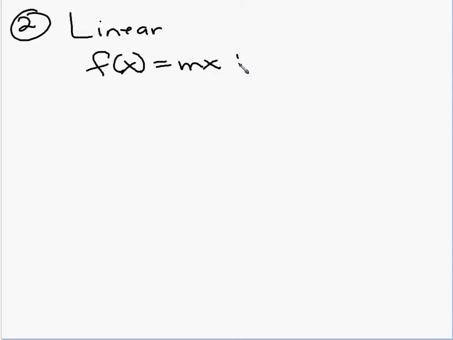We're going to kind of move up from the bottom up. The next family member is the linear functions. Linear functions are the ones that are in the form f of x equals mx plus b. And you should have a mental image, all right, of what a linear function looks like.